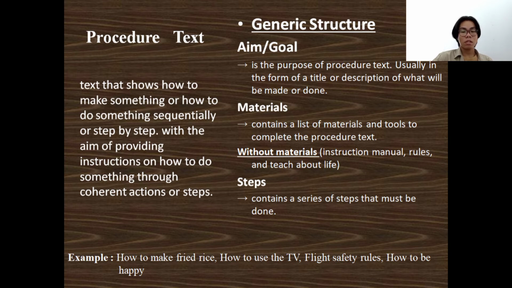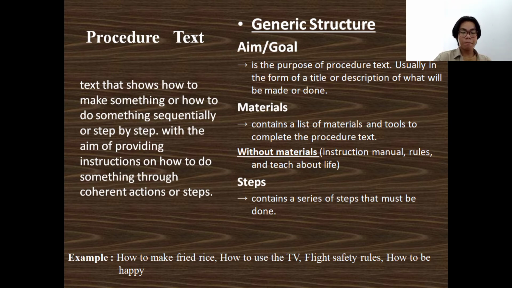Two, materials. So materials contains a list of materials and tools to complete the procedure text. But there are three types of procedure text that do not use materials or tools, such as instructions, manuals, rules, and teach about life.